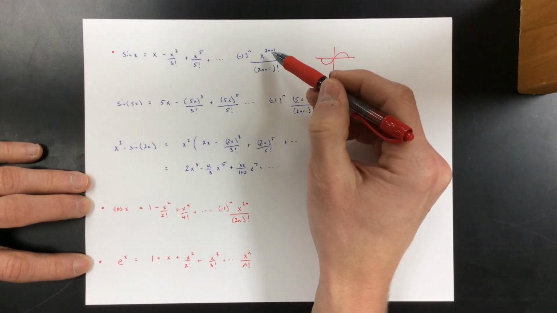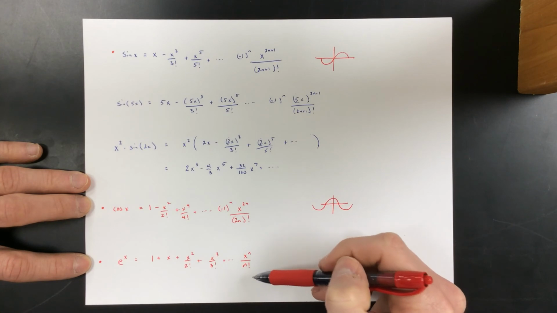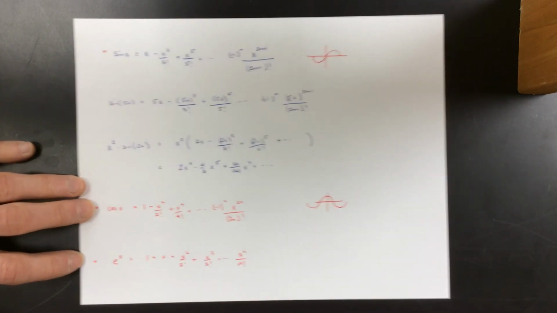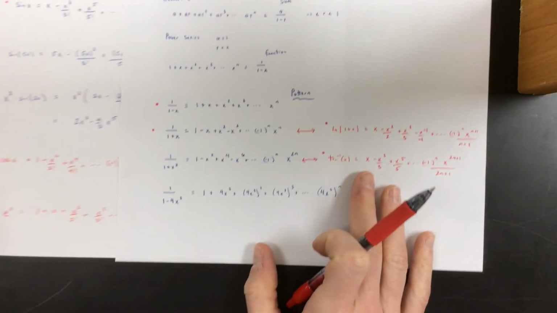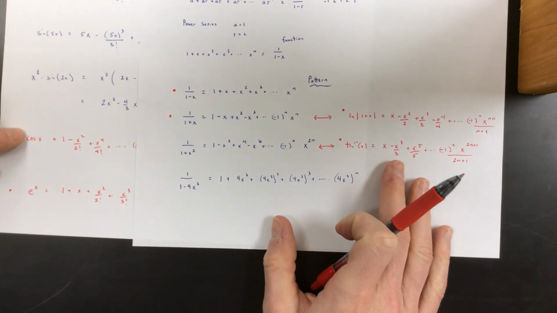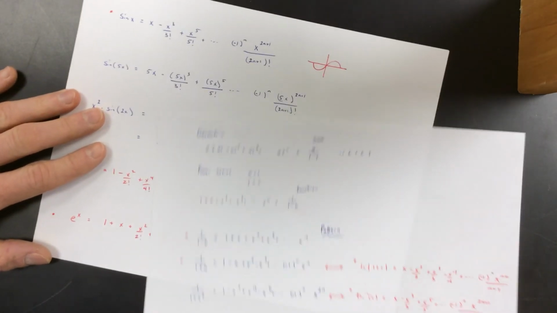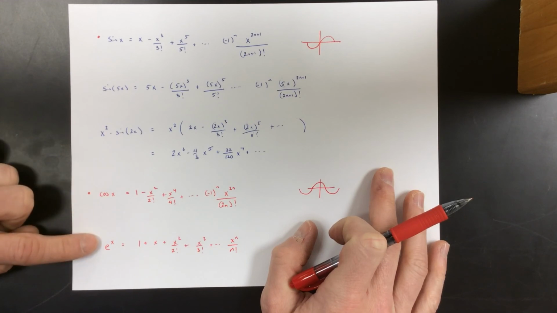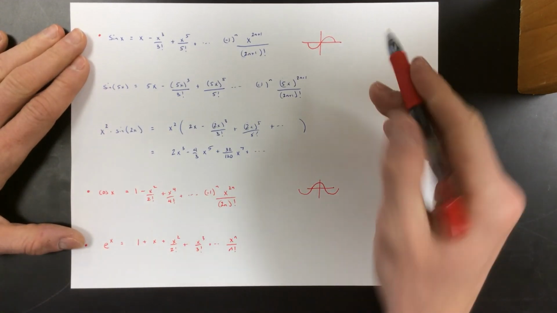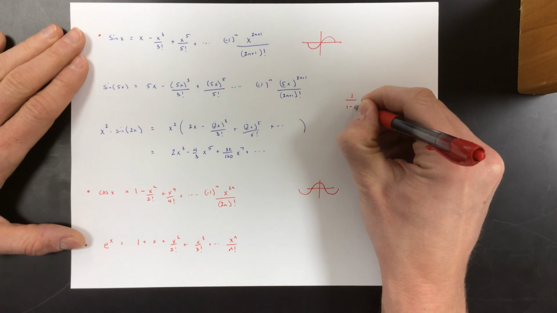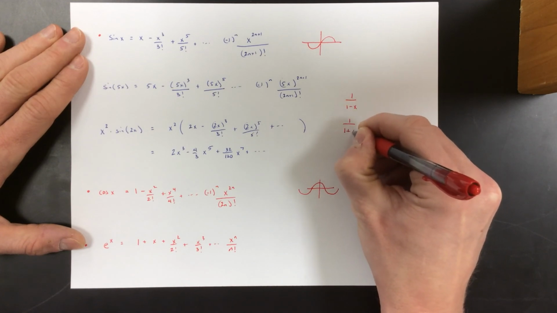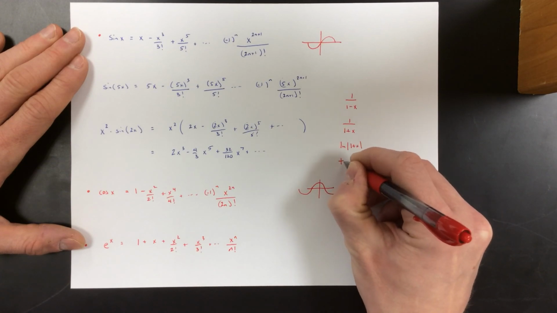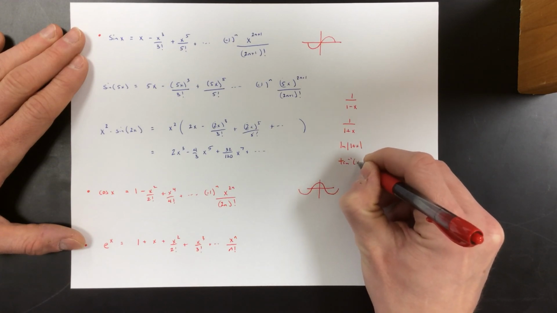It's important to start thinking of these general terms as things we can look at. Again, the seven values: sine, cosine, e to the x, and then the other ones that were on the other page: 1 over 1 minus x, 1 over 1 plus x, the natural log of 1 plus x, and tangent inverse of x.